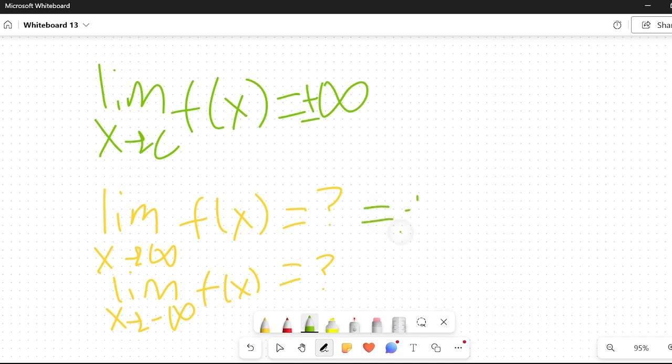If both of these are equal to either positive infinity or negative infinity, then there's no horizontal asymptote. But if this approaches some value, we know there must be a horizontal asymptote.